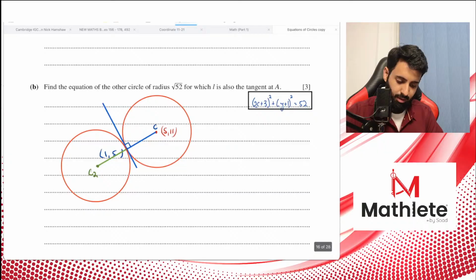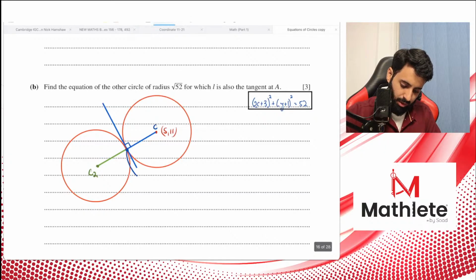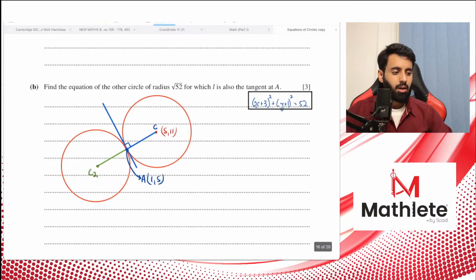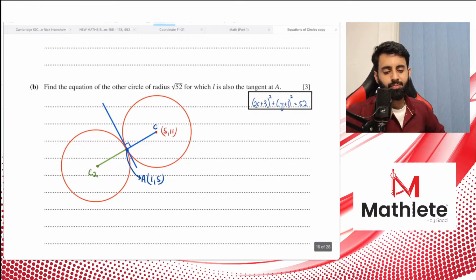Let me rewrite the coordinates of point A once again. This is point A. It has coordinates 1 comma 5. Anyone who'd like to answer this question? It's not a difficult question. Vector. You can use vectors, but let's say we haven't done vectors. Let's say you don't want to use the concept of vectors. What else? There's an easier way.